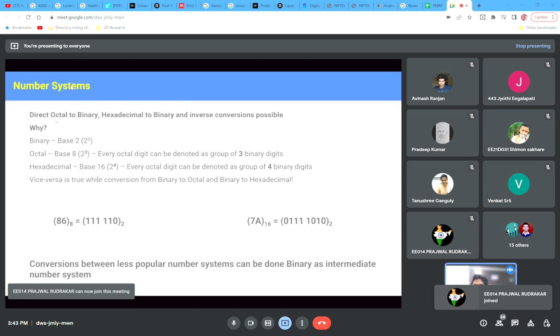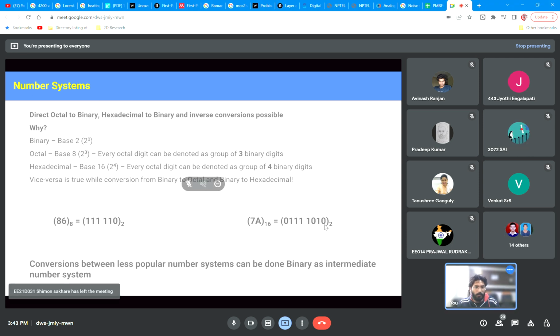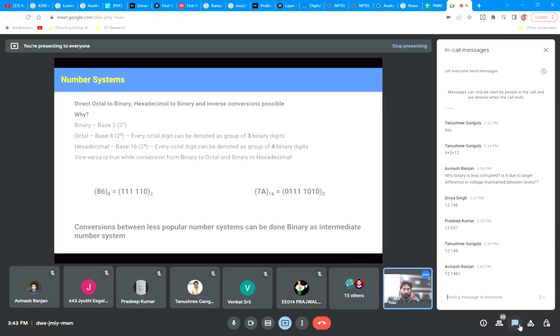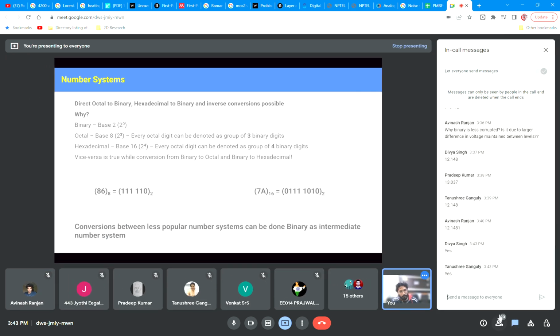If you try to interconvert between these systems, I hope the professor has told you there is a shortcut kind of thing. Do you guys know that? Yes or no? Fine, I hope the professor has told you that directly.